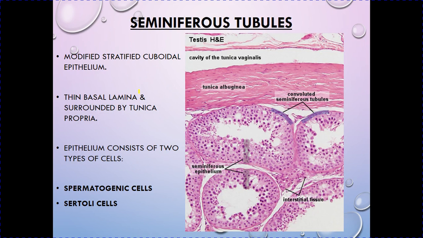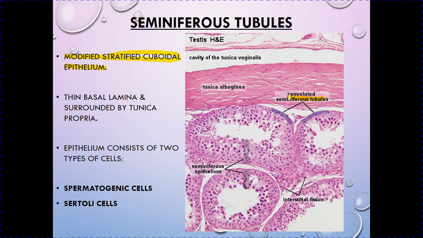Now we have taken a section at the level of the seminiferous tubule to visualize the epithelium. We found that seminiferous tubules are made up of a modified stratified cuboidal epithelium.